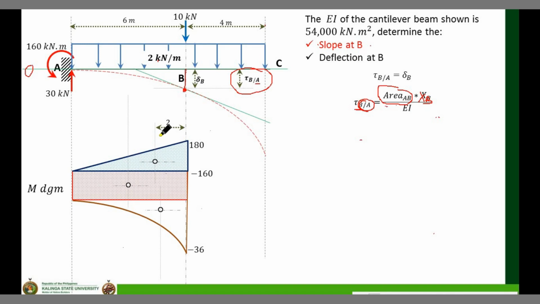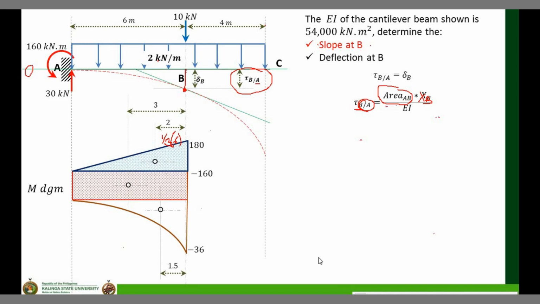So the distance is 1/3 of your base. Your base is the length, which is equal to 6, the length of AB. Then, the distance from the centroid of your rectangle to point B is equal to 3.